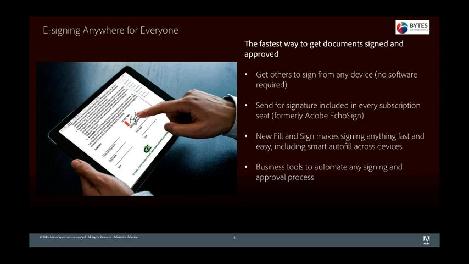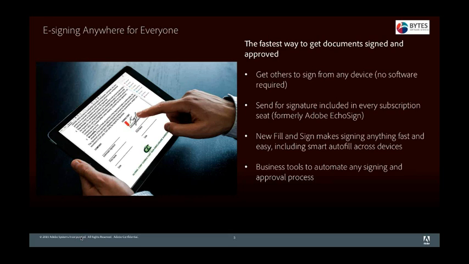We also offer a fill and sign tool that anyone can use to fill and sign documents without the need for it to be converted into a form or a signature-enabled document. This basically allows people to fill and sign ad hoc documents. The major difference is it's not tracked as it would be with the eSign solution, and it's typically not legally binding.